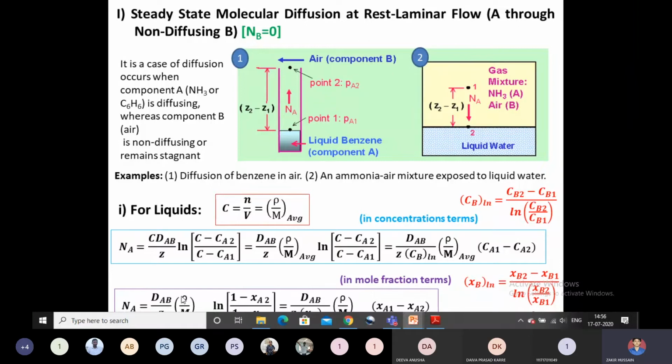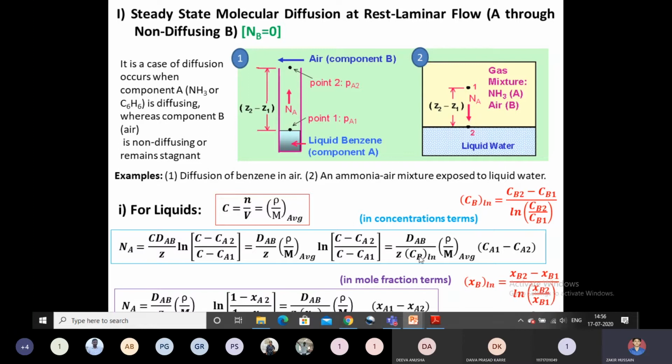The other equation, equation 11, is where we write C in place of rho by M average. Equations 9, 10, 11, 12. Eleven is not shown here, so up to 12 it is here. These two forms are equal to this one.